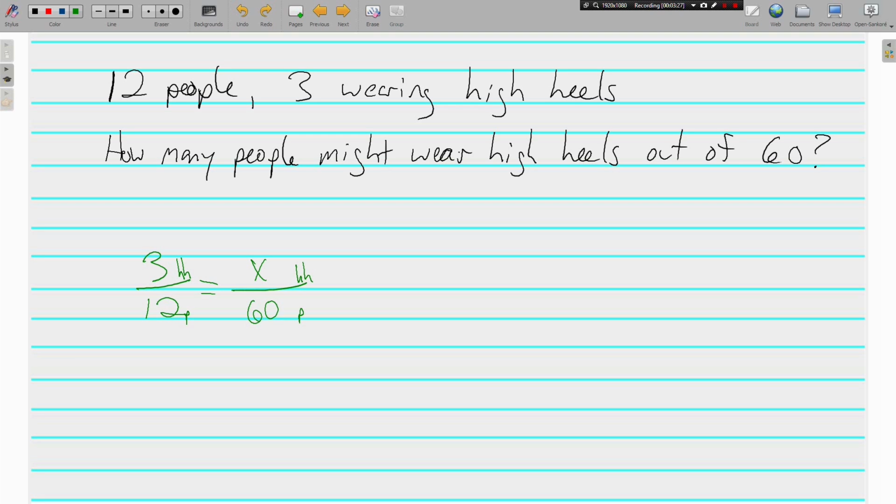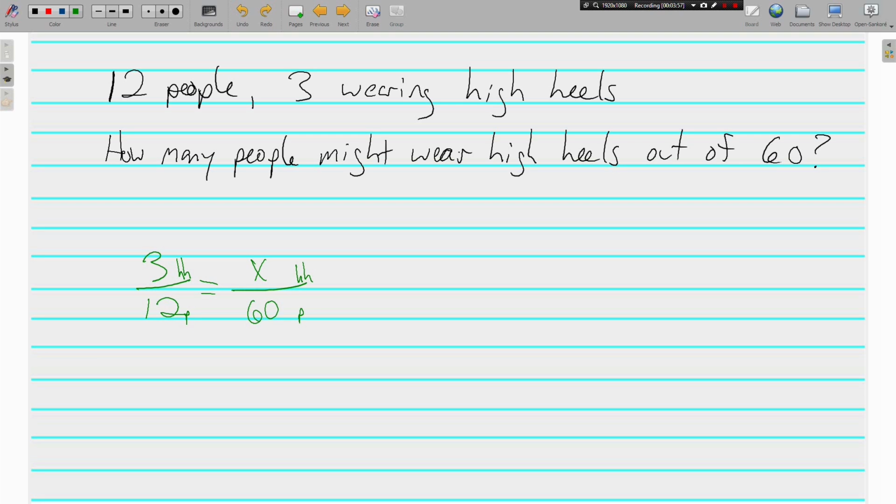Now, why didn't I combine the 3 and the 12 to make 15 this time? Well, because in the first problem, there were 4 menus for pizza and 12 other menus for a total of 16 menus. But in this problem, there are 12 people and 3 out of those 12 are wearing high heels. So I didn't need to find a total because I already knew it was 3 out of 12.